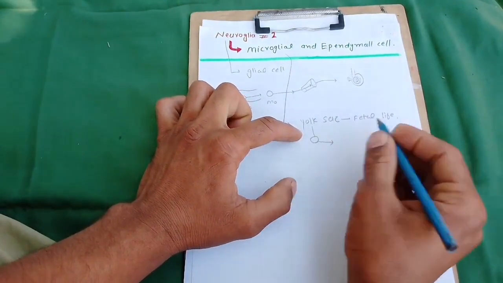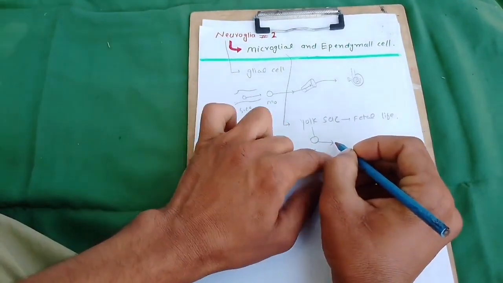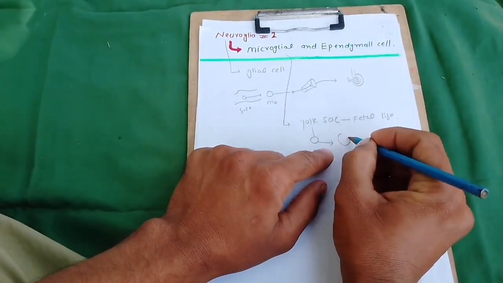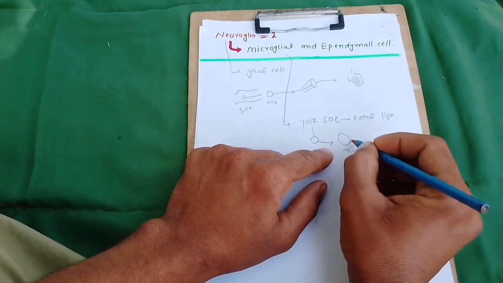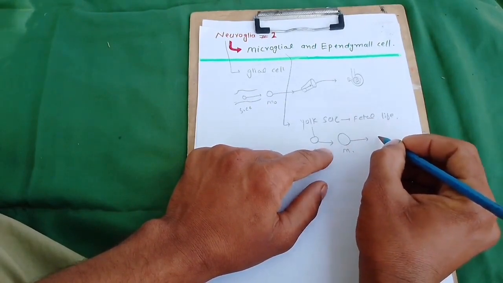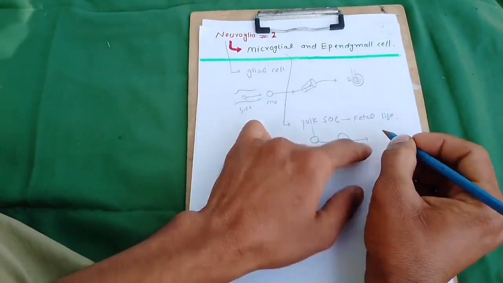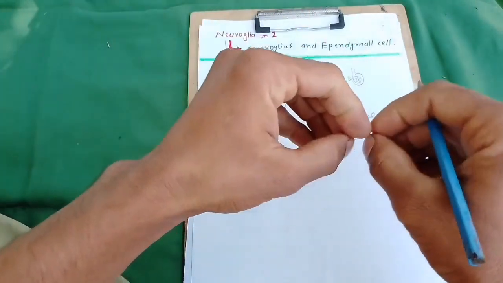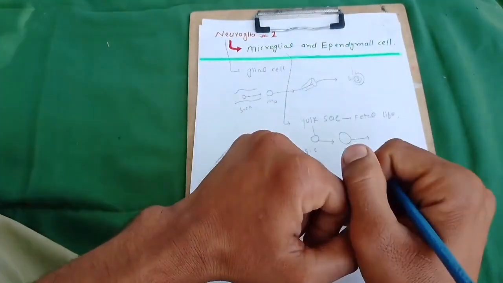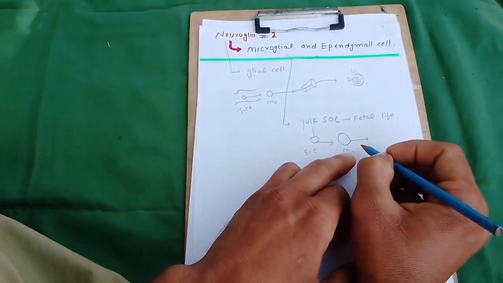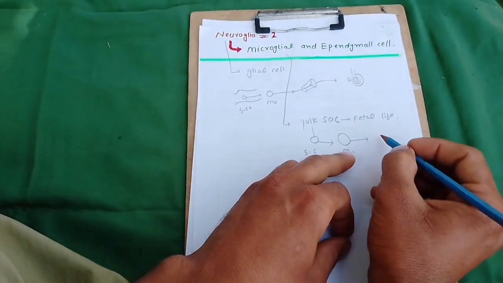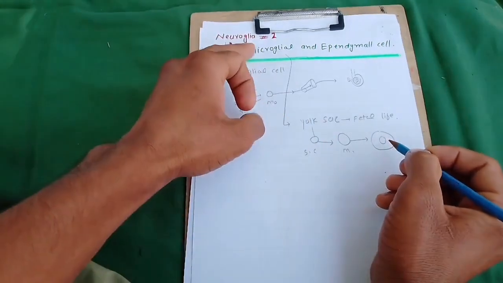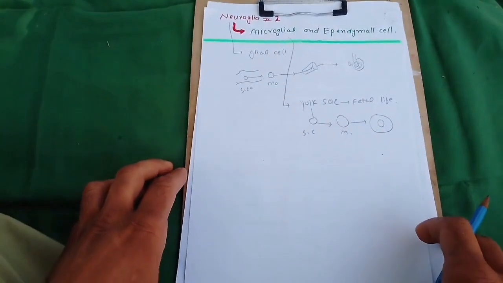This stem cell converts into the monocyte. Then this monocyte goes to the central nervous system. The central nervous system has its own macrophage, while the peripheral nervous system has its own macrophage. This monocyte goes to the central nervous system and converts to a macrophage. So microglial cell is the macrophage of the central nervous system.